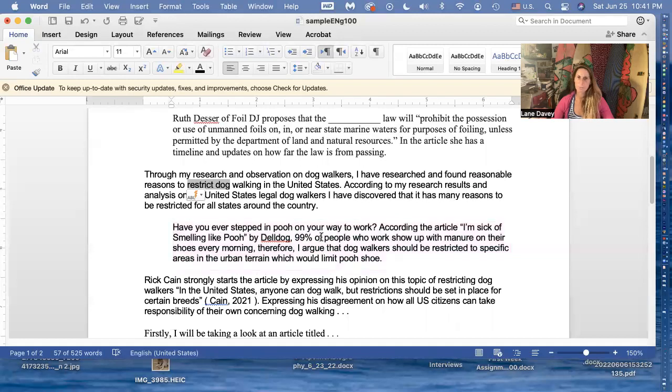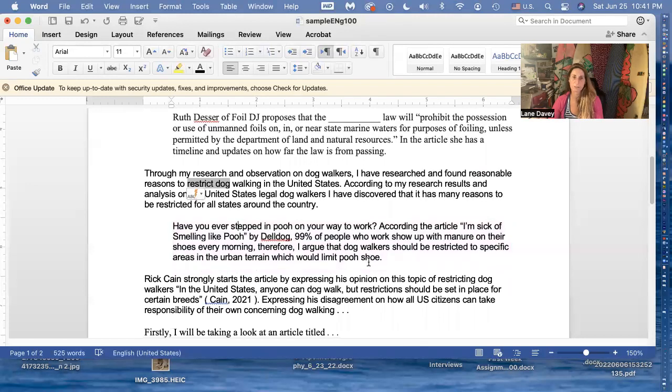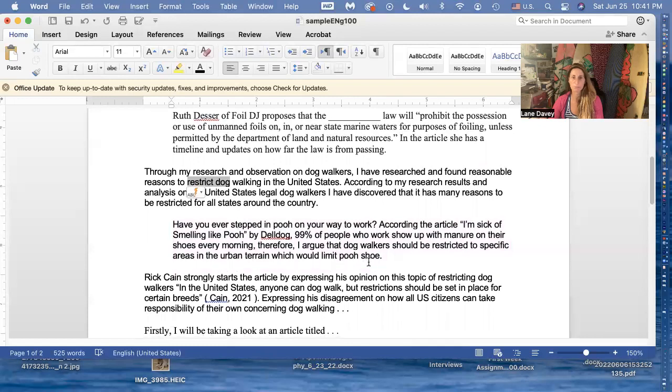Have you ever stepped in poo on your way to work? According to the article, I'm sick of smelling like poo by Del Dog, 99% of people who work show up with manure on their shoes every morning. Therefore, I argue that dog walkers should be restricted to specific areas in the urban terrain, which would limit poo shoe. Okay, at least I'm telling you something.